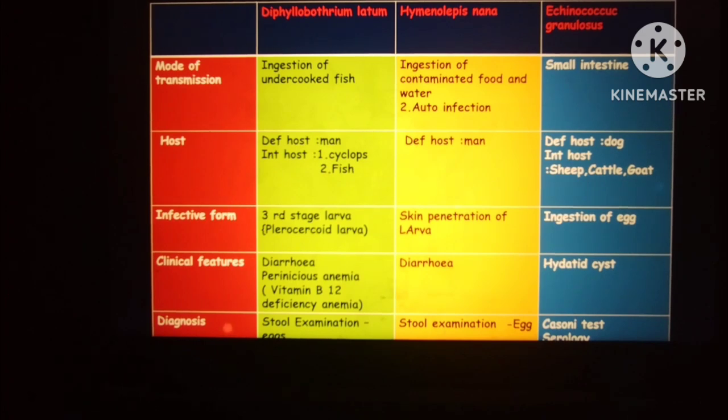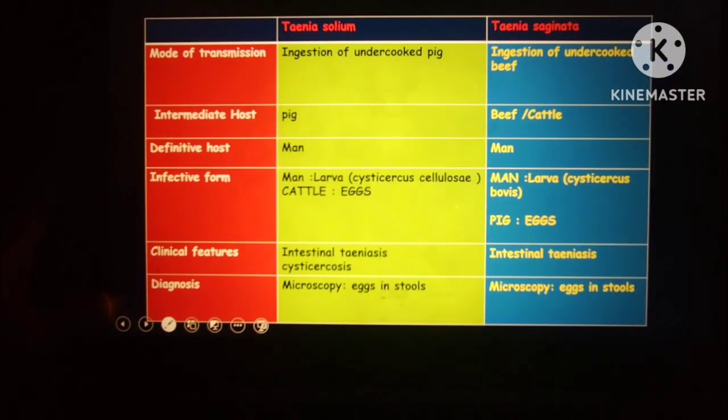For diagnosis, here the eggs are examined, and here it is the Casoni test or serology test. In this you want to remember it usually causes vitamin B12 deficiency. So this is ingestion of contaminated water. Sorry for the wrong option over there.